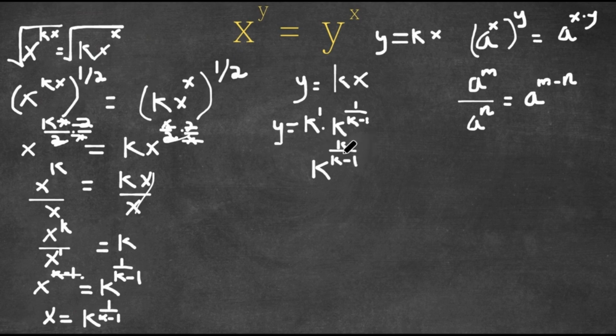I just saved a little time because it's actually really simple to do, just 1 plus 1 over k minus 1. So now we know that y equals k to the power of k over k minus 1.